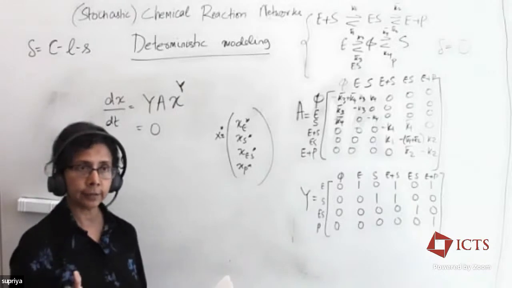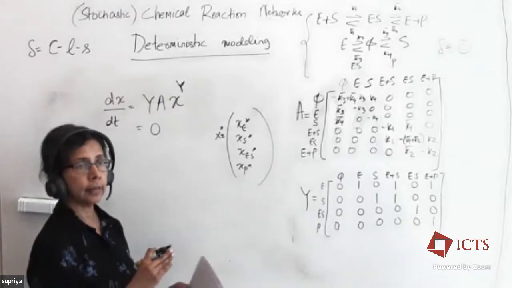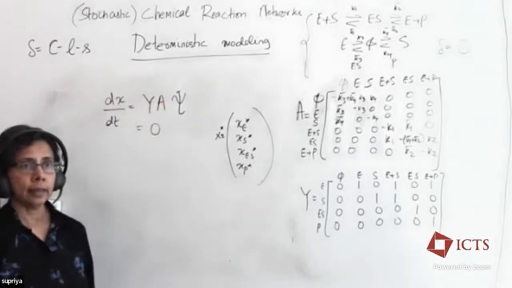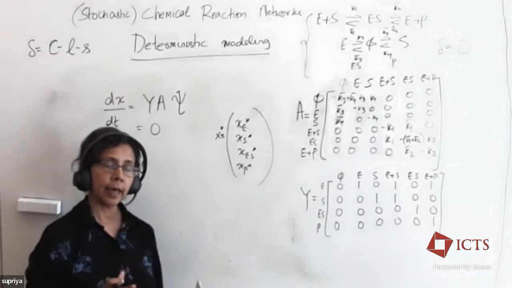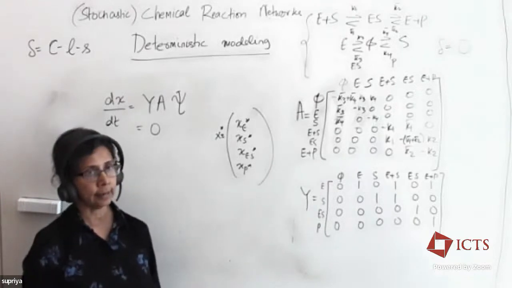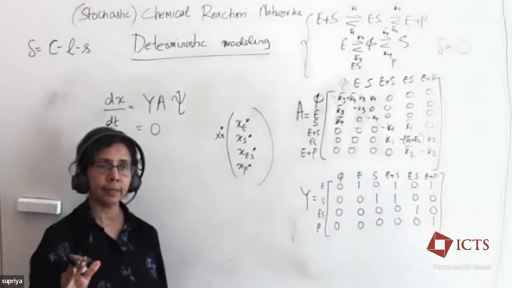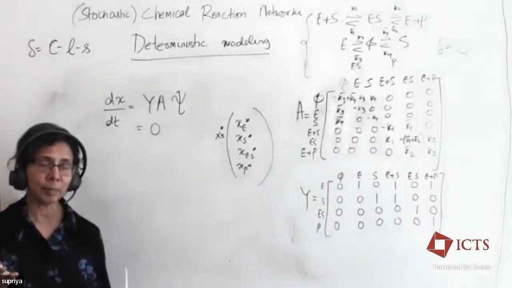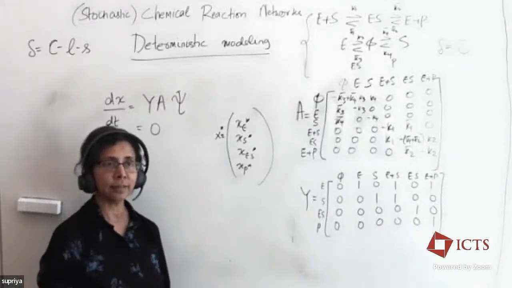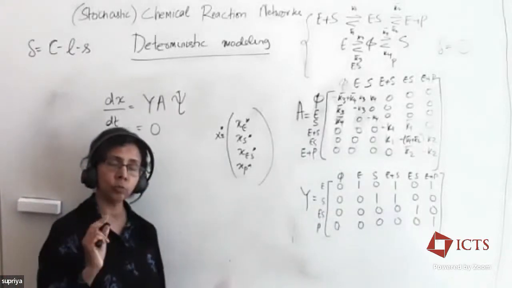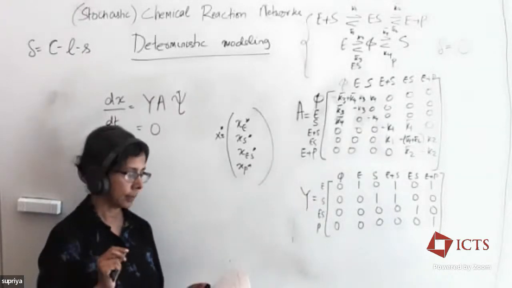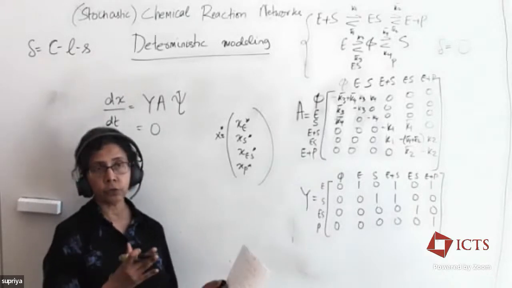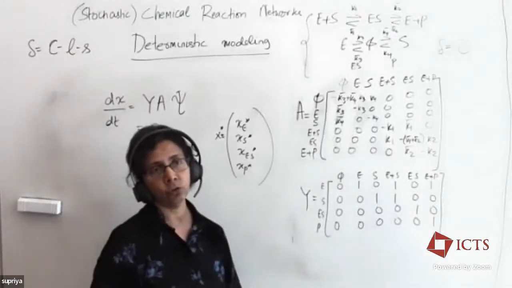Either this vector psi, which I'm writing as x to the y, let's for the moment write it back as psi, is lying in the null space of A. Remember what's null space? I had to brush up some linear algebra too. Maybe many of you will know this much better than me. We are going to use at least two important results from linear algebra. So null space just means any vector that A puts to 0. Of course, A puts a vector of zeros to 0, but that doesn't count.